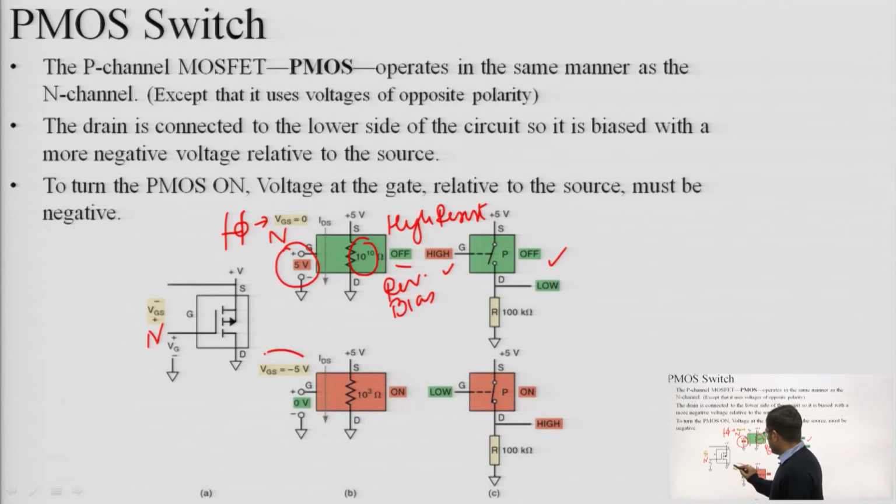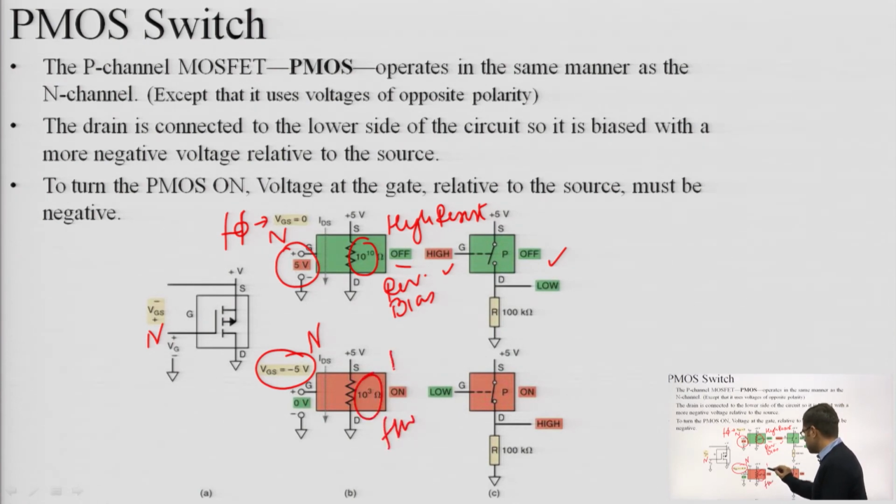Similarly, if we are applying a low gate voltage to the N side, it will be forward biased. Forward bias means low resistance, so this transistor will be conducting. That means for a low value it will be on. So low is on. Okay. So in this way PMOS is working.